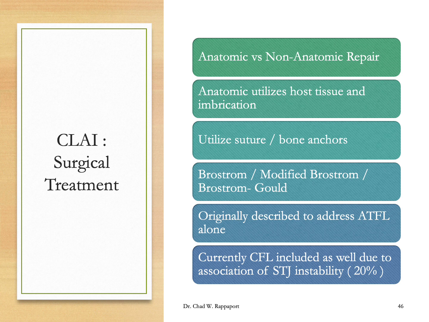Of course, there are many other iterations of this. Originally, this was described to address the ATFL alone, but in patients wherein there's a suspicion of underlying subtalar joint instability, it makes sense to repair the CFL.